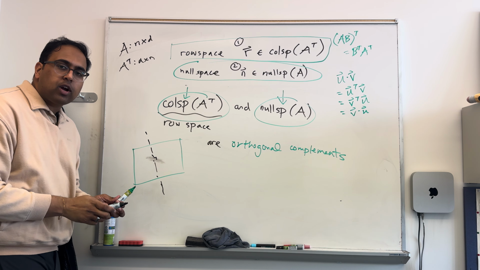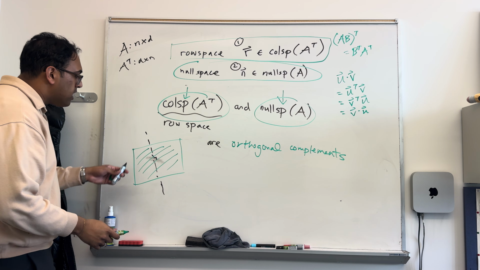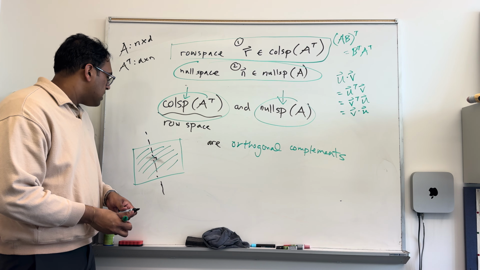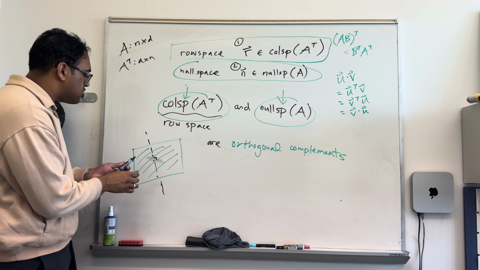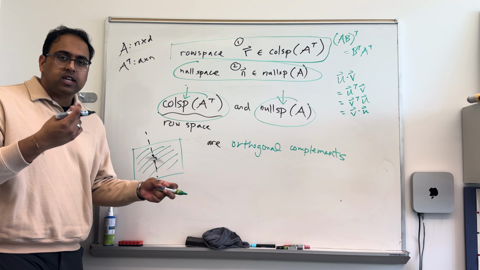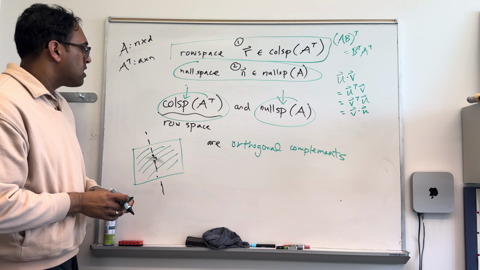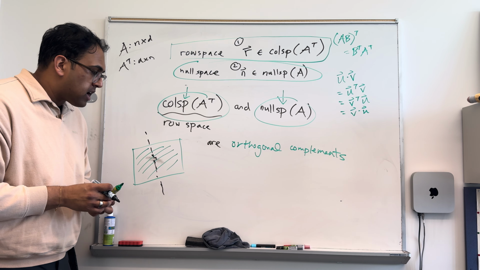But this is the picture I want you to have in your mind. One of these could be the column space of A transpose, i.e. the row space of A, and the other could be the null space of A. This is the relationship they would have. Any vector on one is orthogonal to every vector in the other. So the column space of A transpose and the null space of A are orthogonal complements.